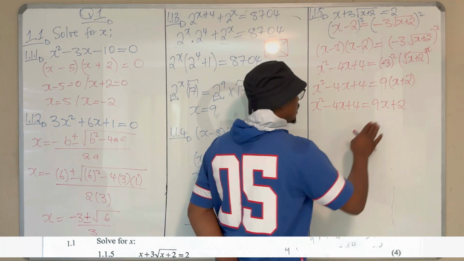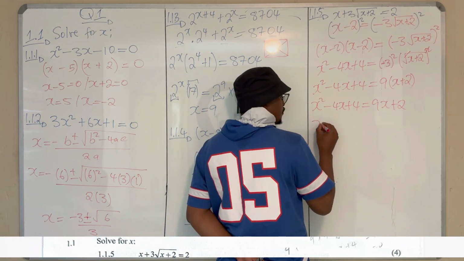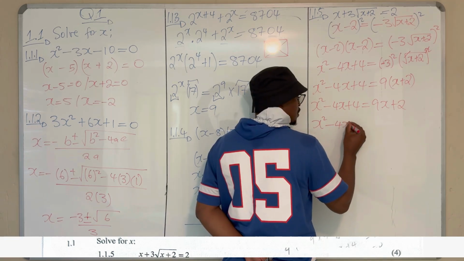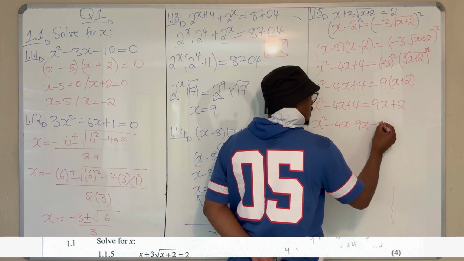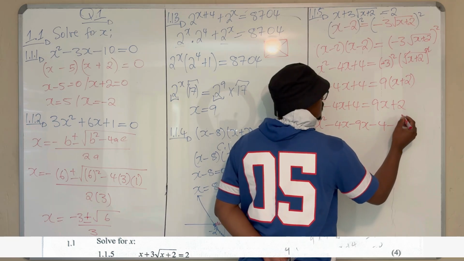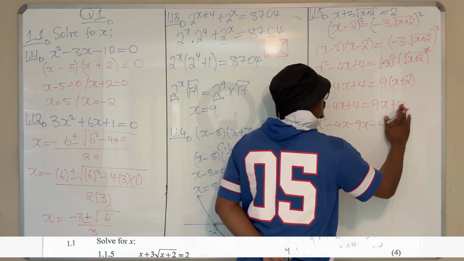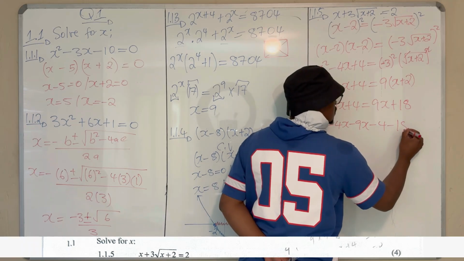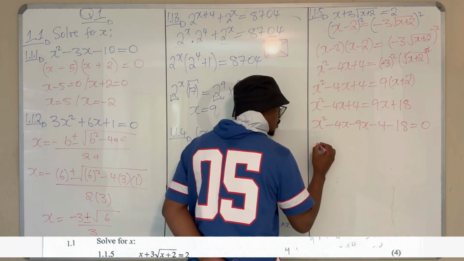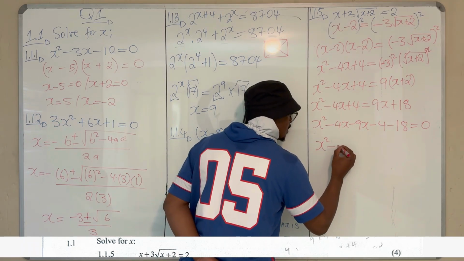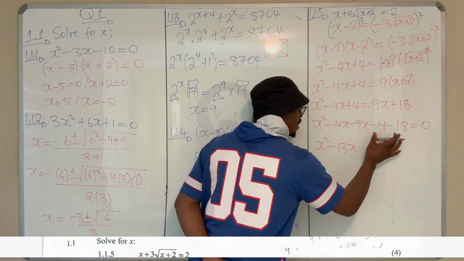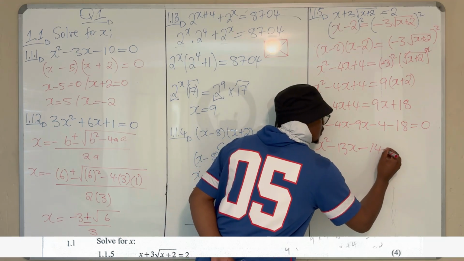In that case, let's transpose this to this side. You have x squared minus 4x minus 9x plus 4 minus 18, because 9 times 2 is 18, equals 0. So if you add these like terms, it should be x squared minus 13x minus 14 equals 0.